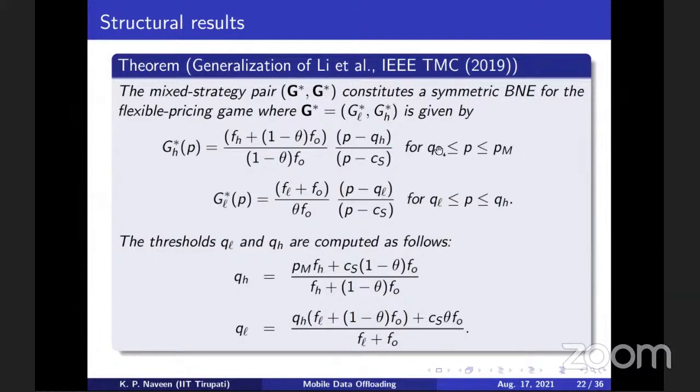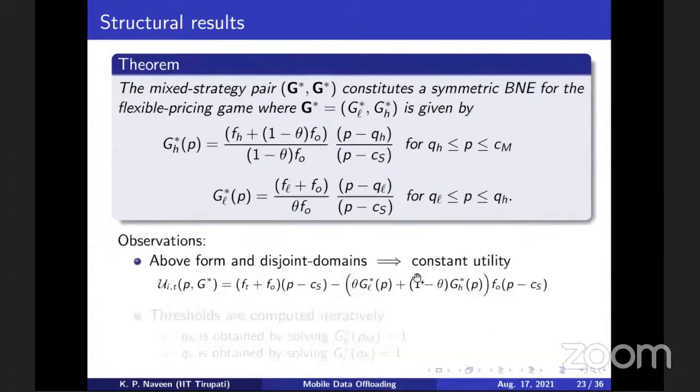If you see, the intervals are disjoint. How do we compute the thresholds? The thresholds are given by these two equations here. Now, how do we obtain this distribution?